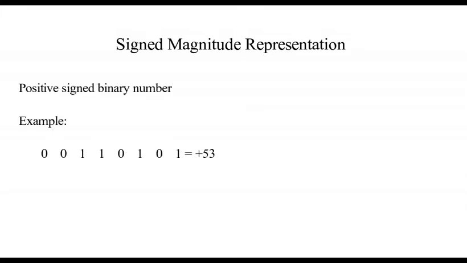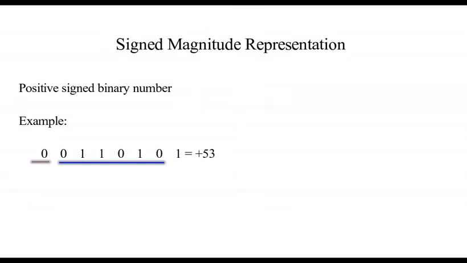Okay, let's have here first the positive signed binary number. Like what I've said kanina, if a binary number is positive, then the representation of it being positive is 0, right? So, let's have an example. We have here 1, 0, 1, 0, 1, 1, 0, 0. Now, in this example, this is the sign bit, and the other value left, the magnitude bits, form a positive binary number.